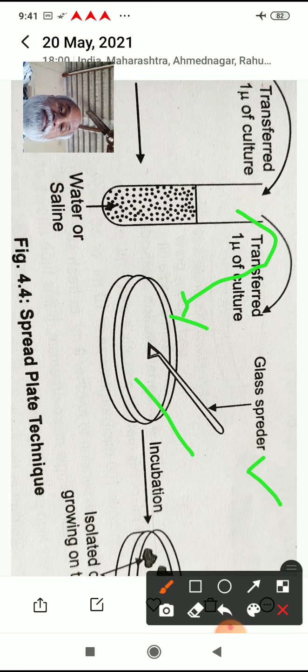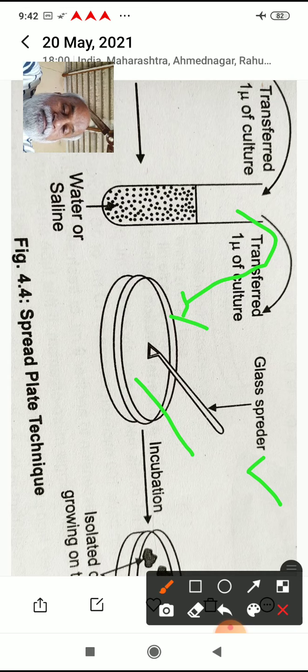So the spread plate method, diagrammatically we have tried to understand what is done in spread plate. In this method, the mixed culture of microorganisms is not diluted in the melted agar. Instead, the dilution is done in a series of test tubes containing sterile distilled water.